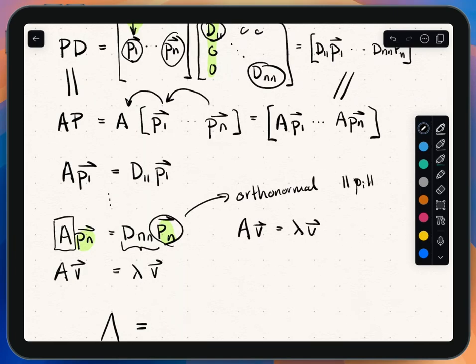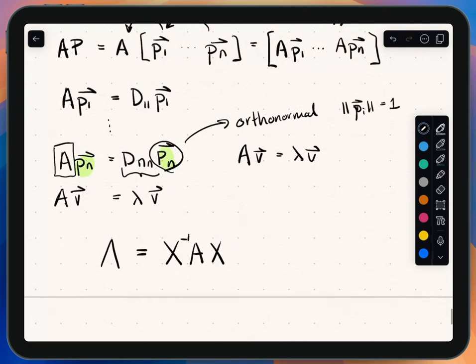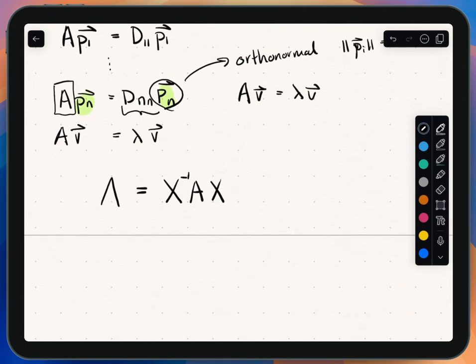So each P vector has a length of 1. When we do that, we can say that the P matrix is also orthonormal, and then we denote it by X. So we get the relationship that X inverse AX is equal to this diagonal matrix, big lambda. We can also rewrite this by multiplying on the sides with X and X inverse, and put it in these two forms right here.